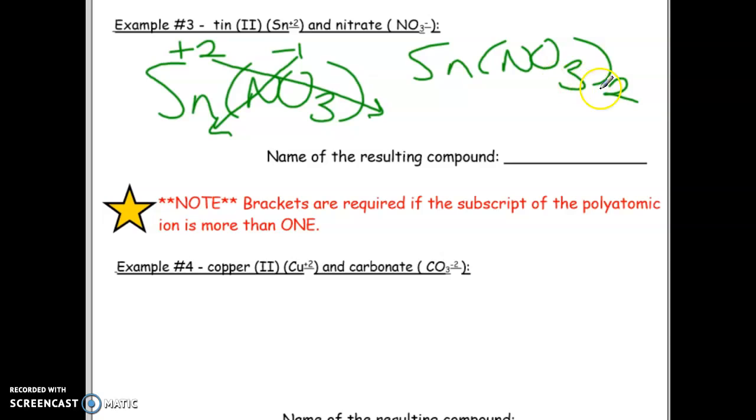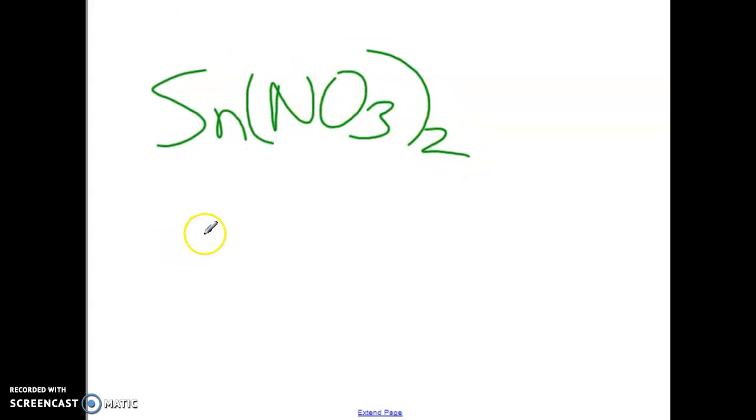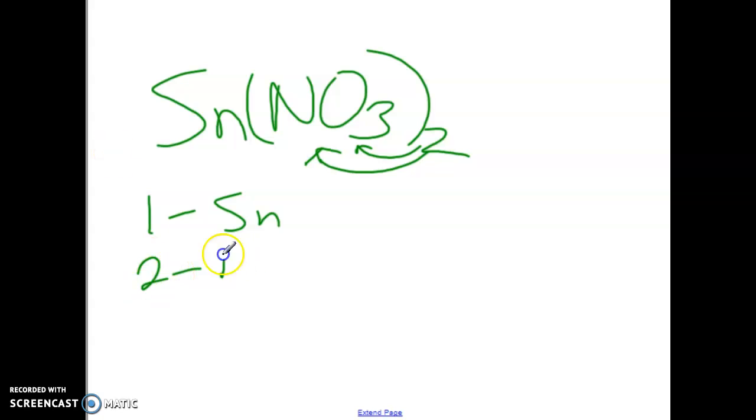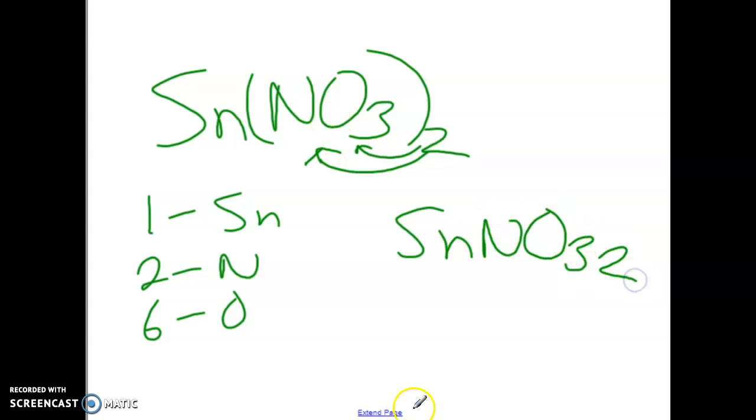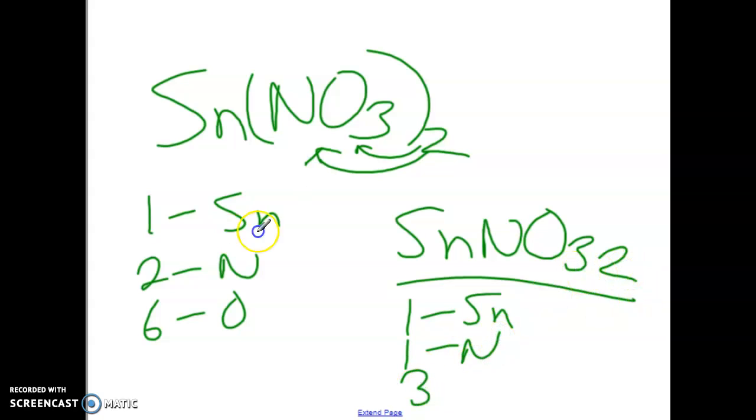Okay, so I'm going to explain to you why that is. Imagine for a second we did not use the bracket. So SnNO3 with the 2. Right now, if you remember going back to counting atoms, that would mean that we have 1 tin, 1 nitrogen, and 32 oxygens.